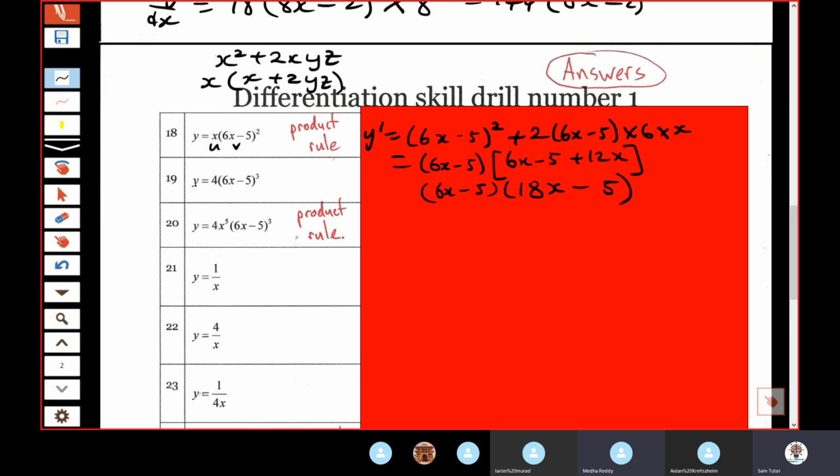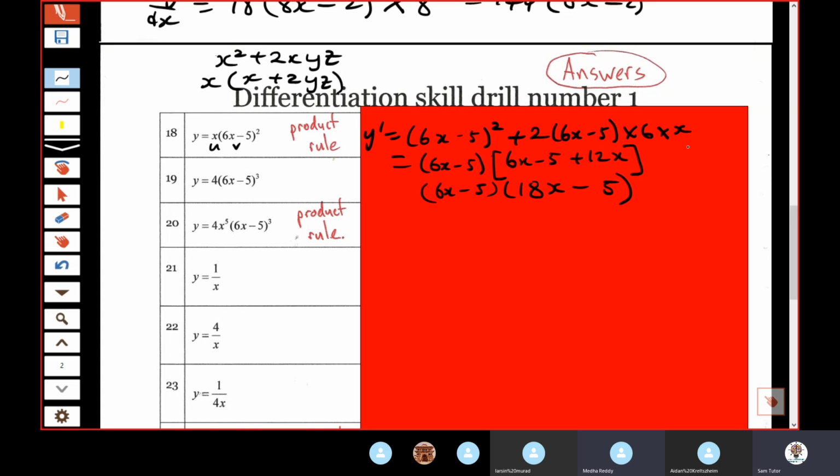Okay, 19. Who wants to try 19? I didn't quite understand the 18, like the question. Which bit? The second line. The first line, you know how you did 2 bracket 6x minus 5?